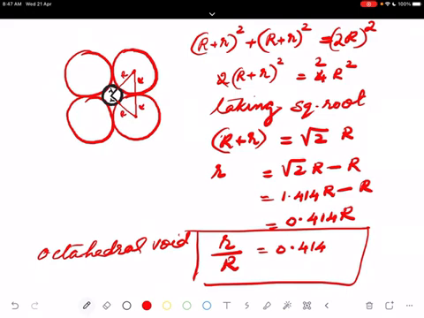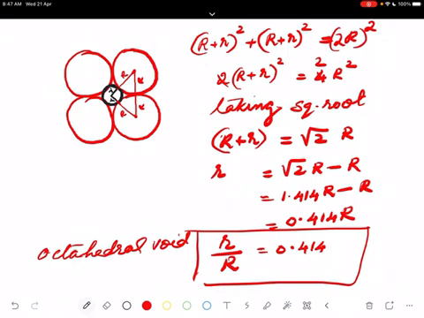Small r is 0.414 times capital R. If this radius ratio touches this 0.414, then the void will be octahedral. A suitable cation can be kept over there.